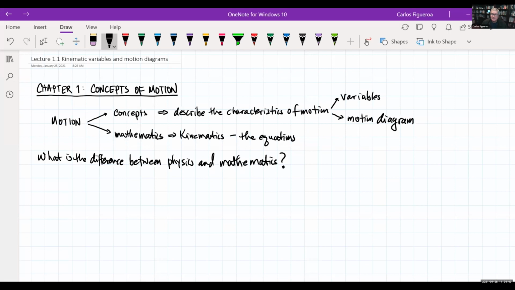A lot of times people think that physics is about the equation. If that's the way you think, you're very far from the truth. So let's go look at that.